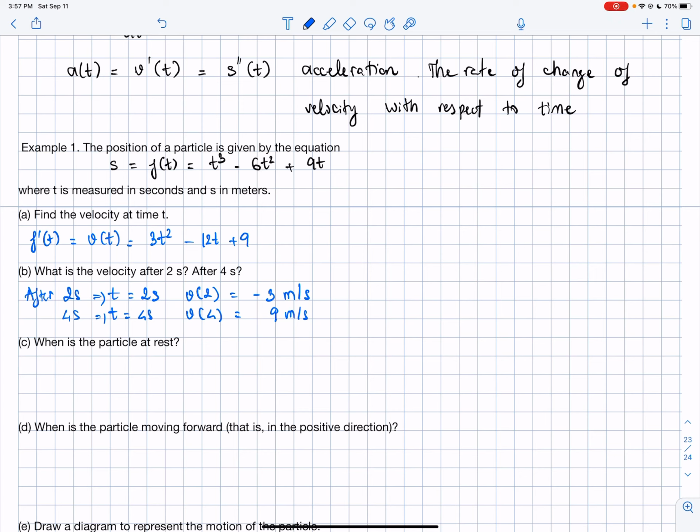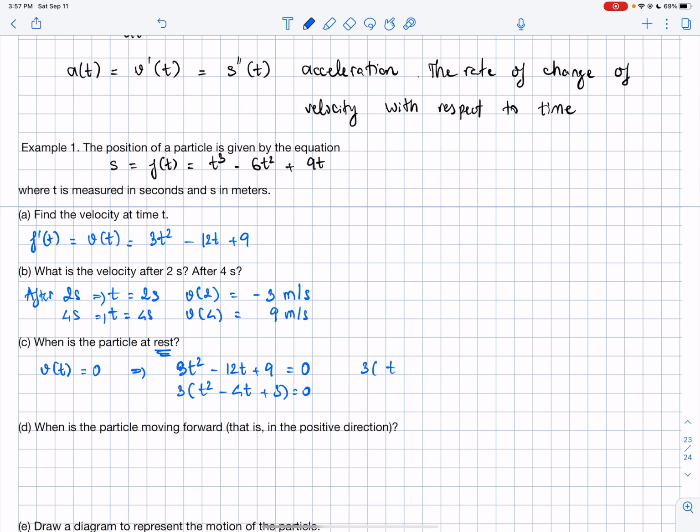When is the particle at rest? At rest means v of t equal to 0. That means that 3t squared minus 12t plus 9 equal to 0. We factor out the 3, so we get t squared minus 4t plus 3 equal to 0.